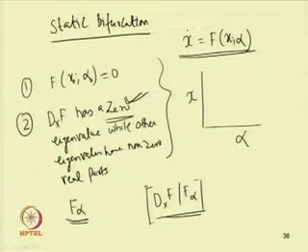Let us take an example so that it will be clear. x dot equal to f(x, mu), where f is equal to mu minus x square.